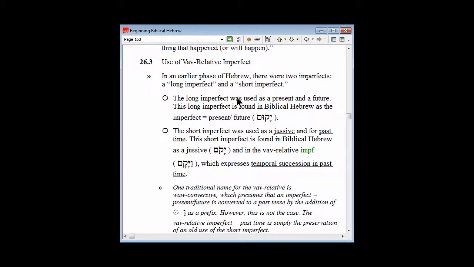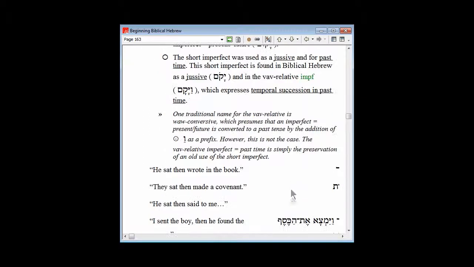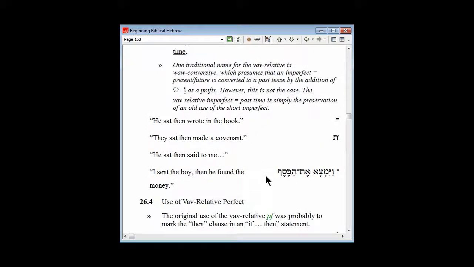I do recommend that you read through what Futato has here. He's going to be explaining this. One thing you want to note right away is what Futato calls the vav relative. Almost every other grammar calls it a vav consecutive, because it's a consecutive sequence that's the issue. Some highbrow Hebrew reference grammars won't call it either.